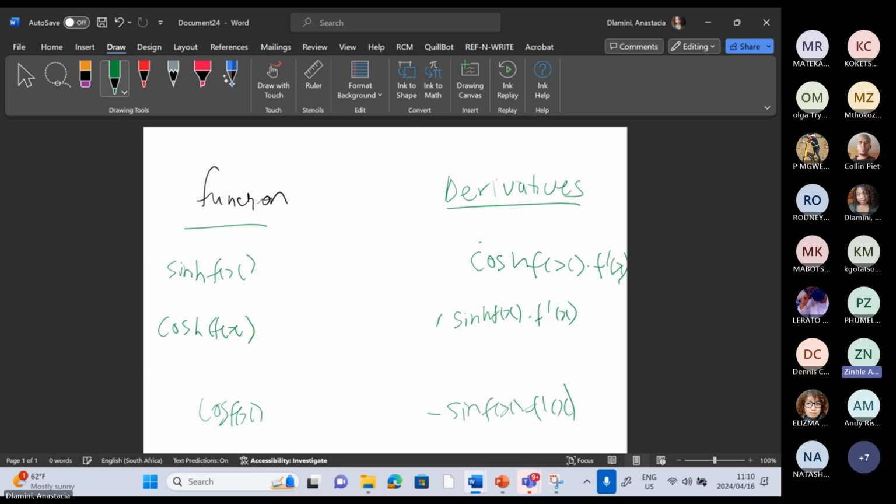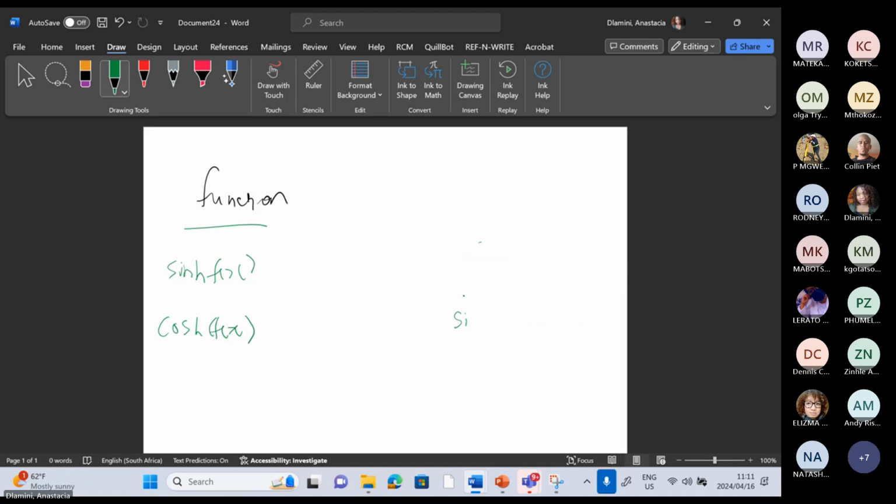Yes, ma'am. So we can go through the entire table, and it can help us solve the following problems. So I think we'll do two examples and then we go to the next work.